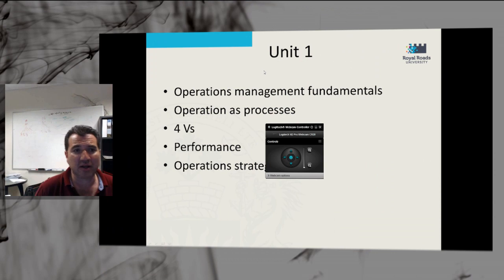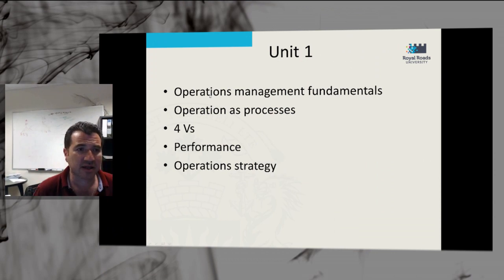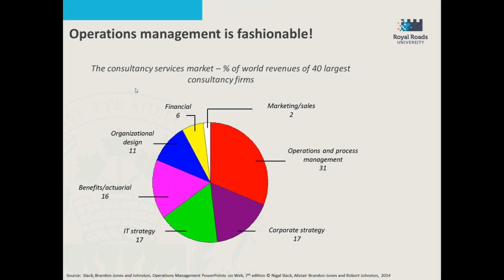So quickly, in Unit 1, we said that Unit 1 covers operation management fundamentals, operation as a process, 4 Vs, the performance objectives, and operation strategy. Here I'm just trying to tell you how fashionable the field of operation management is.